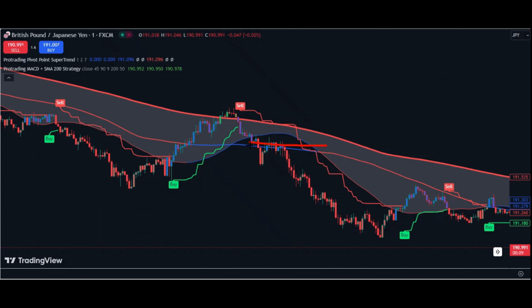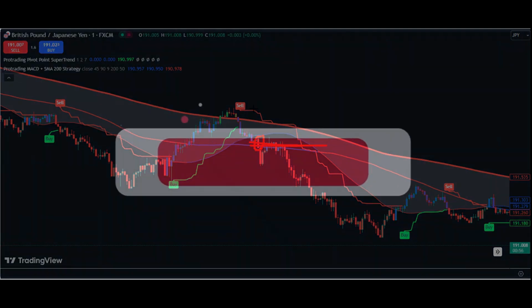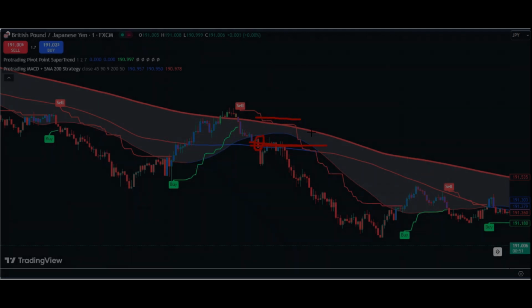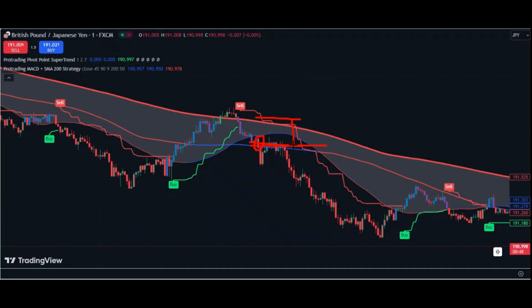Place your pending order below that horizontal line. The moment price breaks below it, your pending order will be triggered, and once it's triggered, you place your stop slightly above this 200-day moving average, and your take profit will be 1:2. So if you are risking here 10 pips, then here you should be targeting to make 20 pips from the trade.